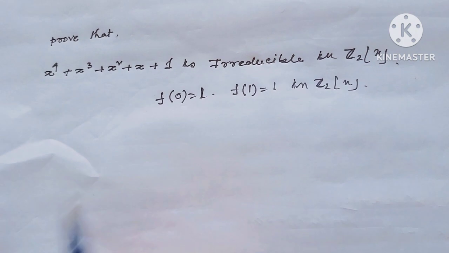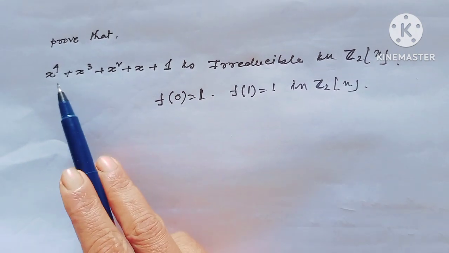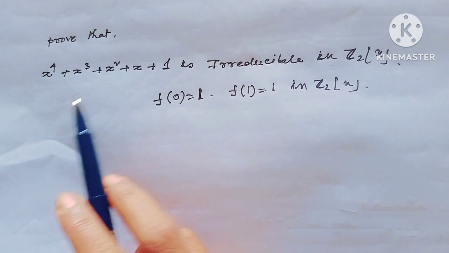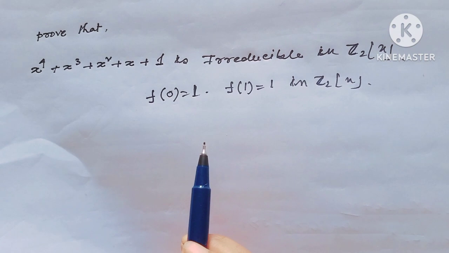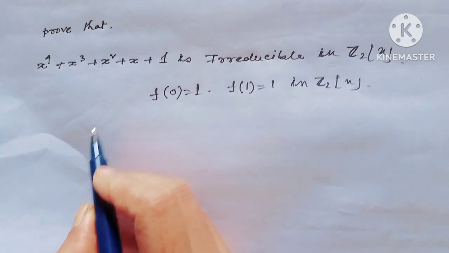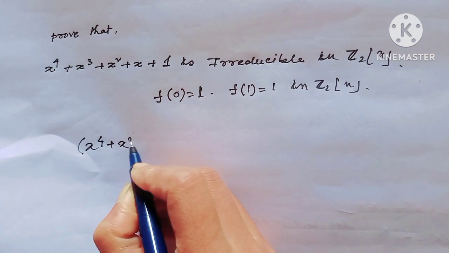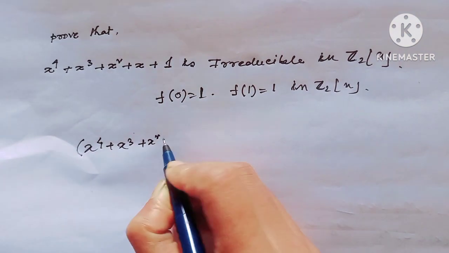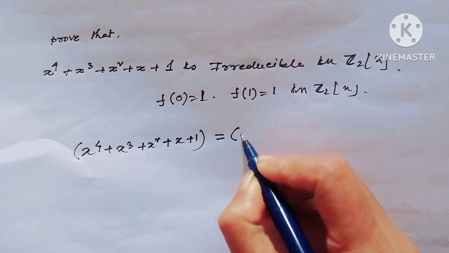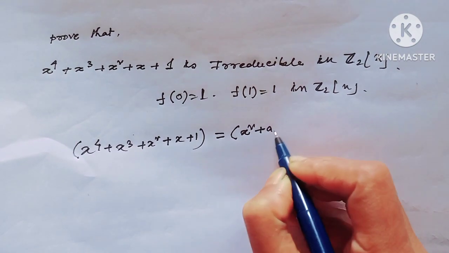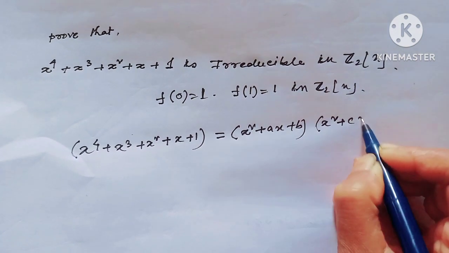Since the degree of the polynomial is 4, we can express this polynomial as a product of 2 degree-2 polynomials. We can write x to the power 4 plus x cube plus x square plus x plus 1 as (x square plus ax plus b) times (x square plus cx plus d).